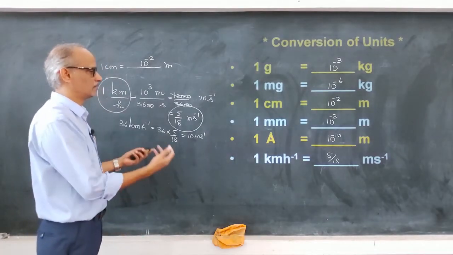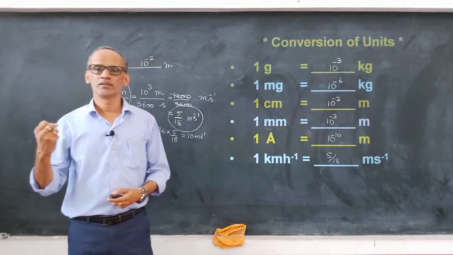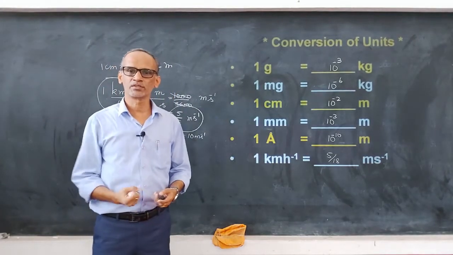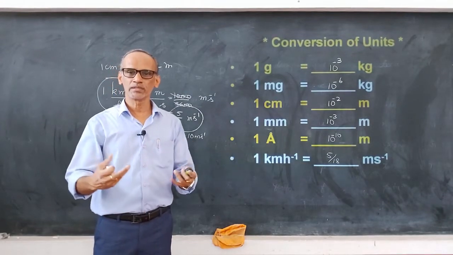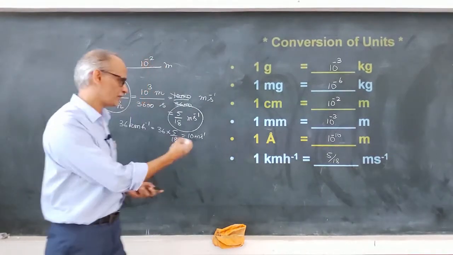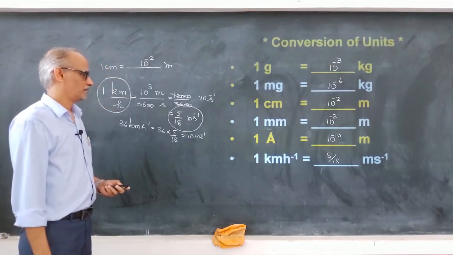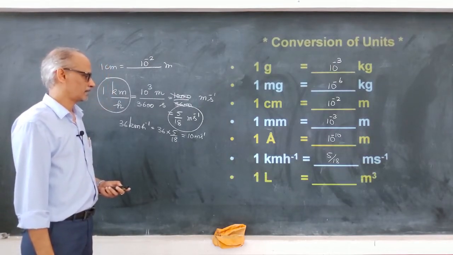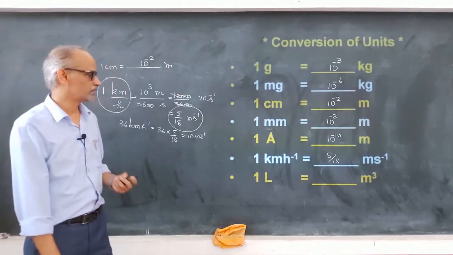See, all we discussed is about the units and the measurement of different physical quantities. We are going to learn a lot more in this chapter, but what I am explaining is all basics of units and measurement. Another conversion. 1 liter, how many meter cube?